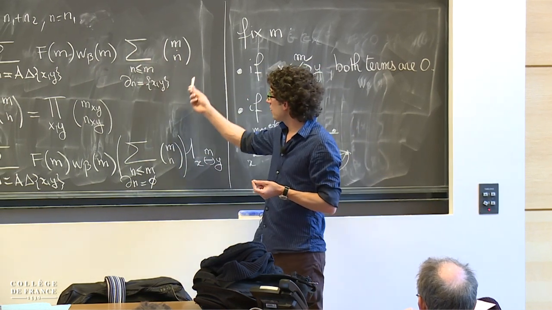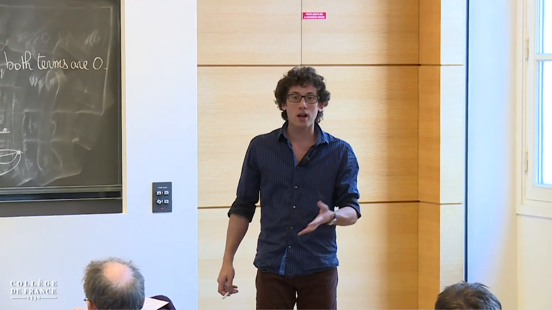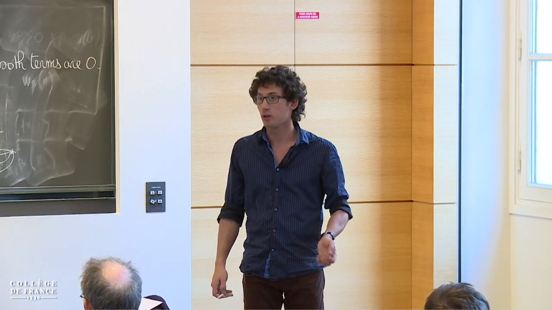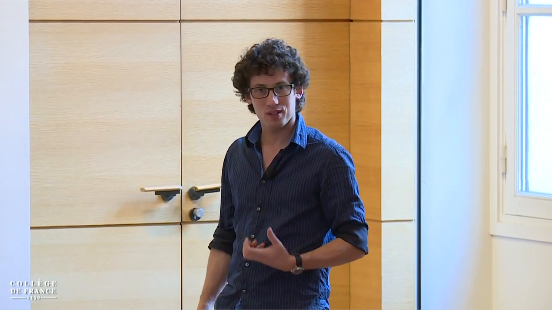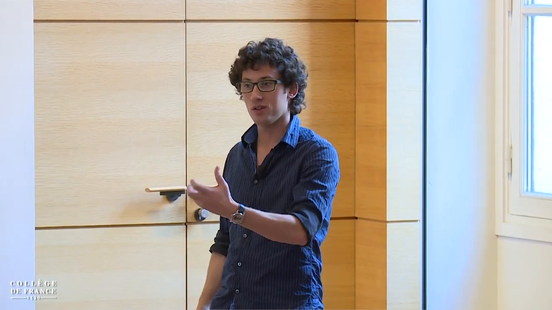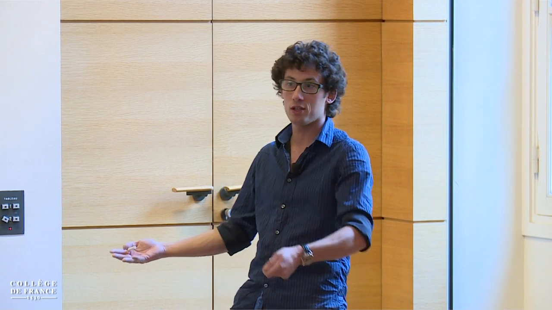And this one is the number of subgraphs for which x and y are the only two vertices with odd degree. But now there is a mapping between the number of subgraphs with even degree and the number of subgraphs with odd degree. Just take any path from x to y in your graph and do the symmetric difference. You take a graph with even degree everywhere, take the symmetric difference with this path, and you get a graph with even degree everywhere except at x and y. And this is an involution, so it's bijective.